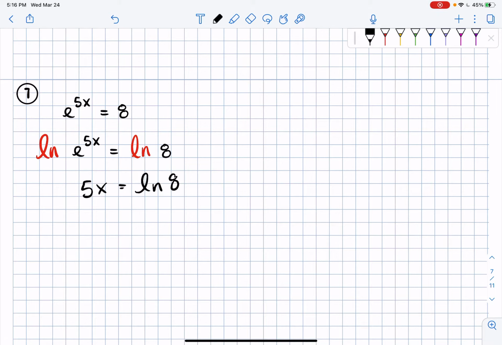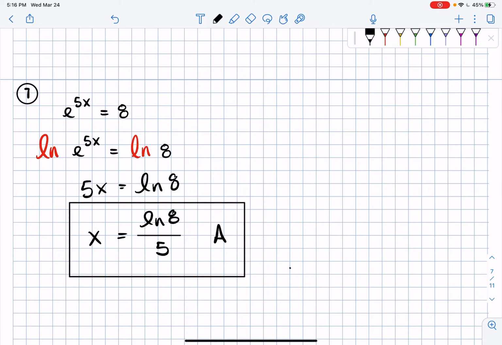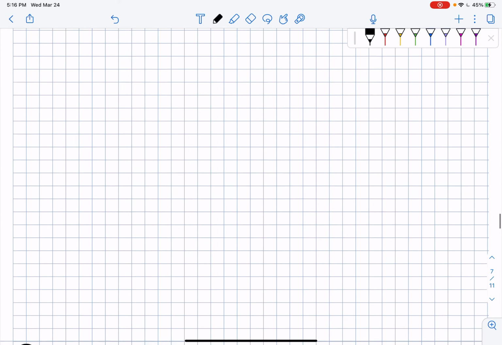So I'm just gonna divide both sides by 5 so I can get x by itself. Well, that'll be ln of 8 divided by 5. So there we go. And that, ladies and gentlemen, is going to be choice A. There we go. On to 8.